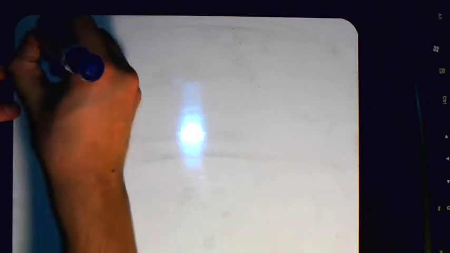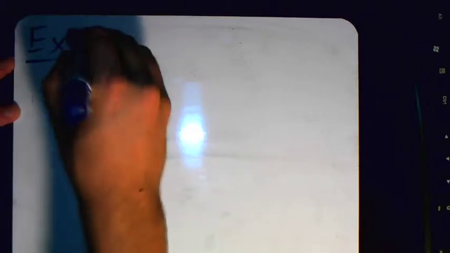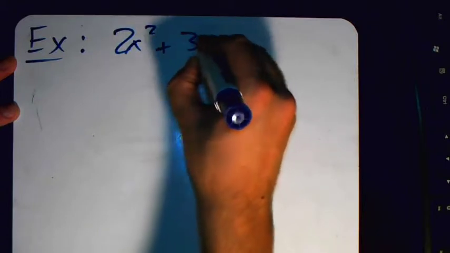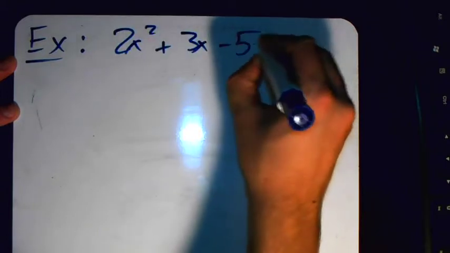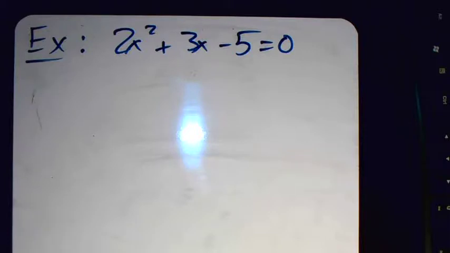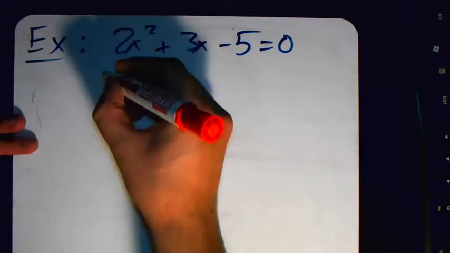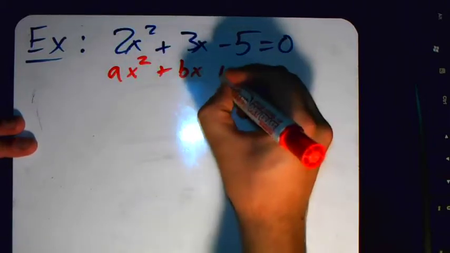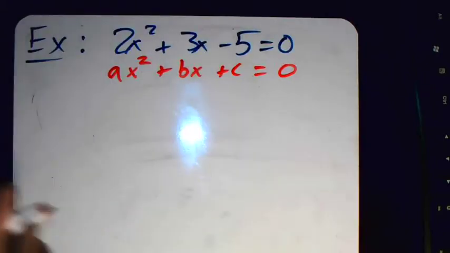Let's say we are given an equation that is 2x squared plus 3x minus 5 equals 0. Now the general form of a quadratic equation is ax squared plus bx plus c equals 0.